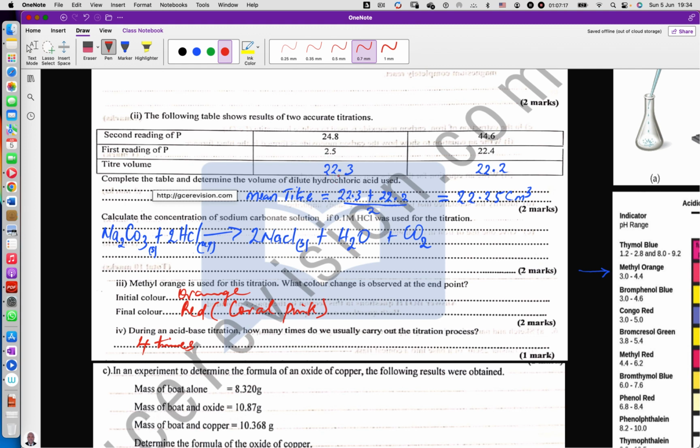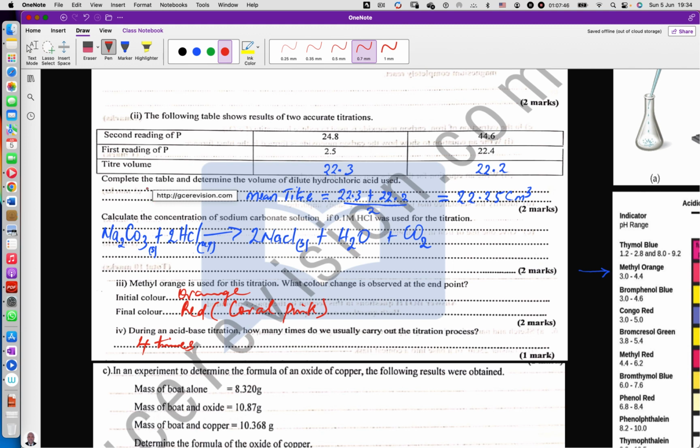The titre is the volume you have used for titration, the volume that has reacted with the sodium carbonate. So here too, you will subtract: 44.6 minus 22.4. You will have 22.2. This is the volume that has reacted.